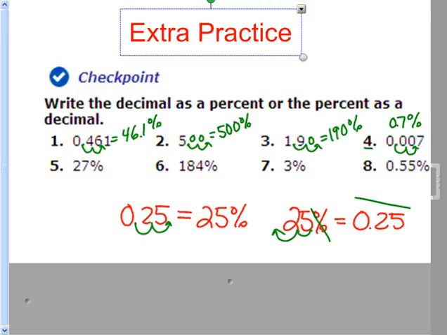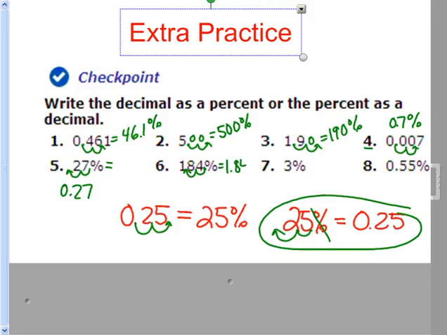Thinking again about going from a percent to a decimal, I'm moving to the left. 27% is 27 hundredths. 184%, moving to the left, is equivalent to 1 84 hundredths. 3%, which is my decimal point, moving to the left twice, having to fill in a 0 there, I'm getting 3 hundredths.